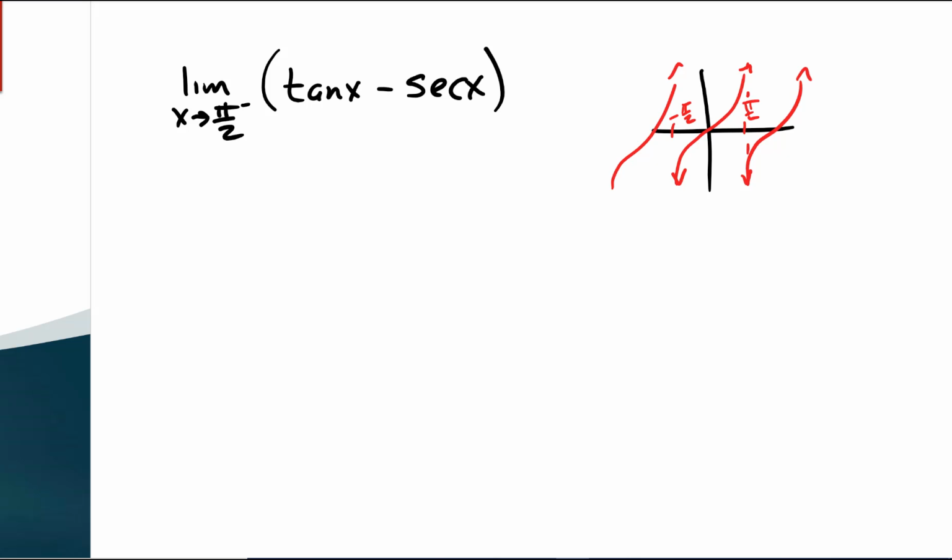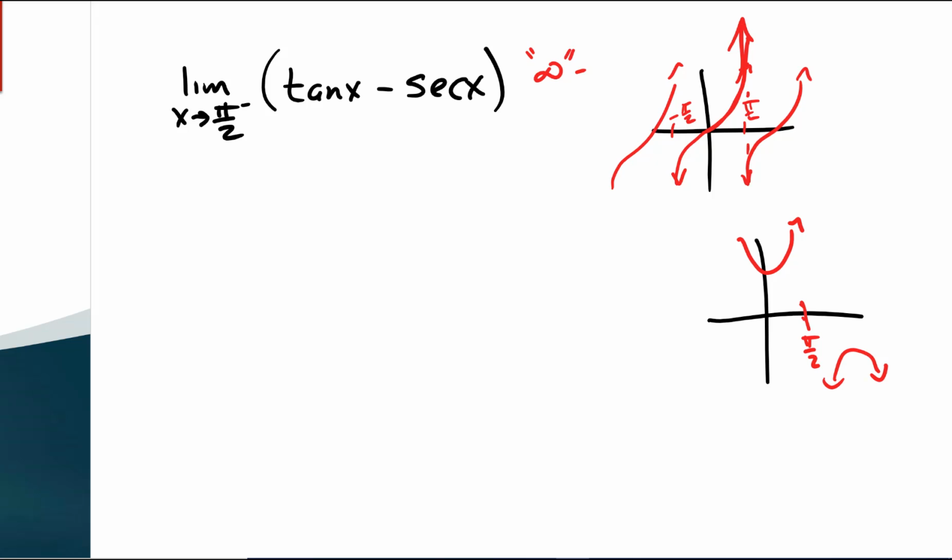We have these issues, but we can see the tangent's taken off to positive infinity. So the tangent's positive infinity. Minus, now what's going on with secant? Secant looks more like this. Right here, 1. Since it has the same domain issues, the odd multiples of pi over 2, it's also blown up into infinity.